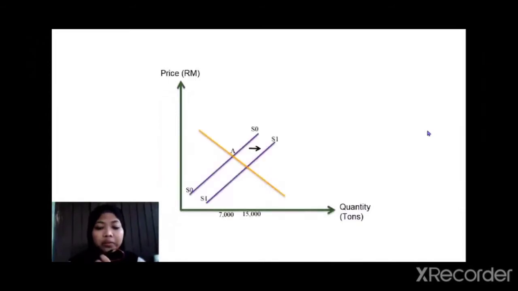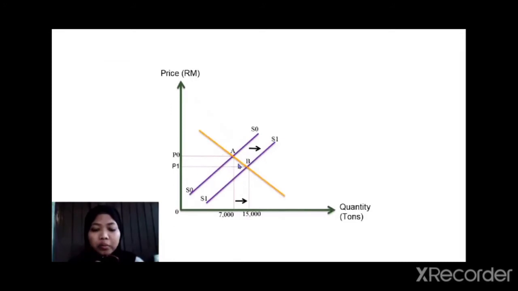The curve above shows the change in meat supply that occurred due to the increase of meat import. You can see point A as an equilibrium point that intersects with the S0 curve, at the price of P0 and 7,000 quantity. And there is curve S1, which is the new curve that happened with the increase of supply.